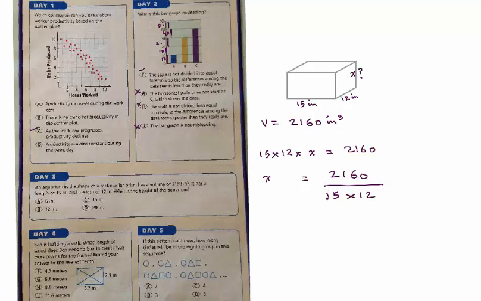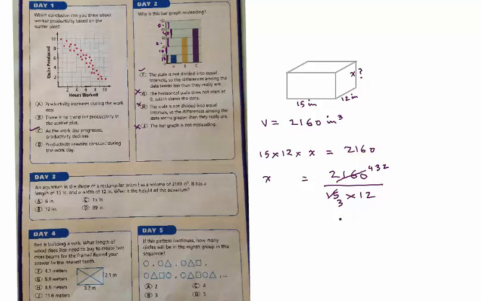So I'm thinking 5, because 5 goes into 15 and 5 goes into this number as well, because in the end we have a 0. So cross it off. 5 times 3 is 15, and then 2160, I think that's going to be 432. There you go. 432 over 3 over 12.